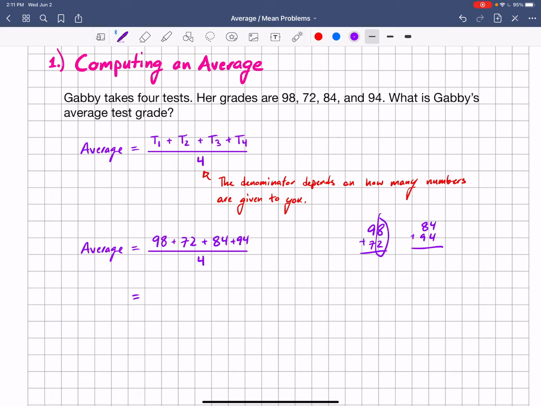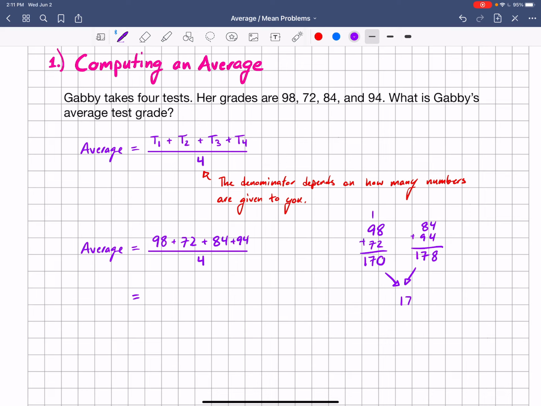So right here, 8 plus 2 is 10, so put the 1 on top, 0 on the bottom. 1 plus 9 plus 7 is going to be 17. Now over here, 4 plus 4 is 8, and 8 plus 9 is, again, 17. Now I'll add these two numbers together.